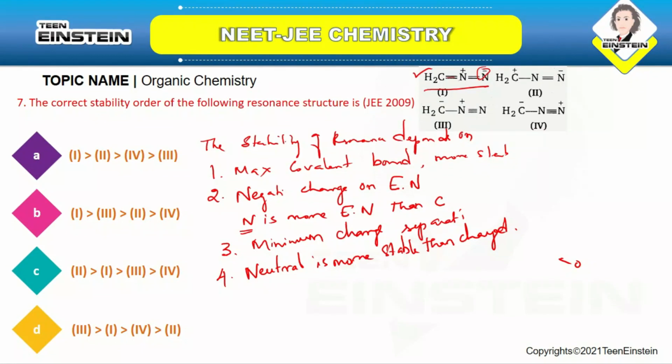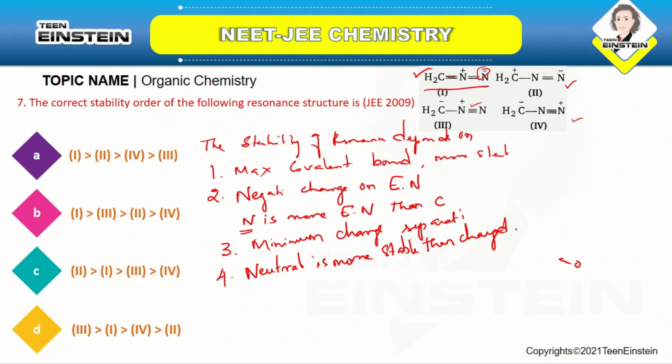Here the number of covalent bonds is more compared to the second and fourth options, so the stability of the third structure is high compared to the second and fourth.